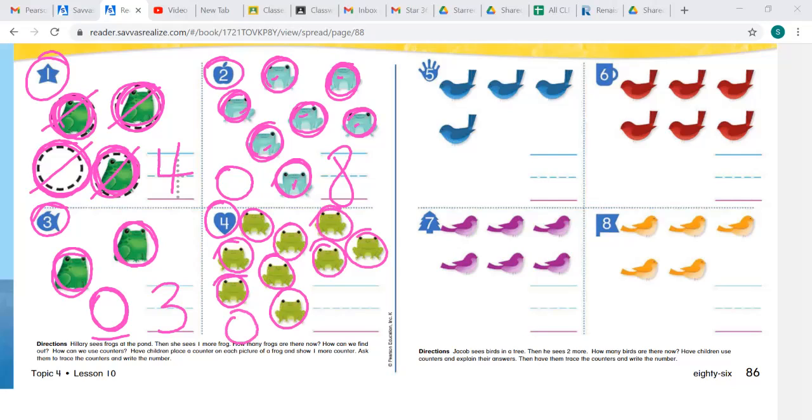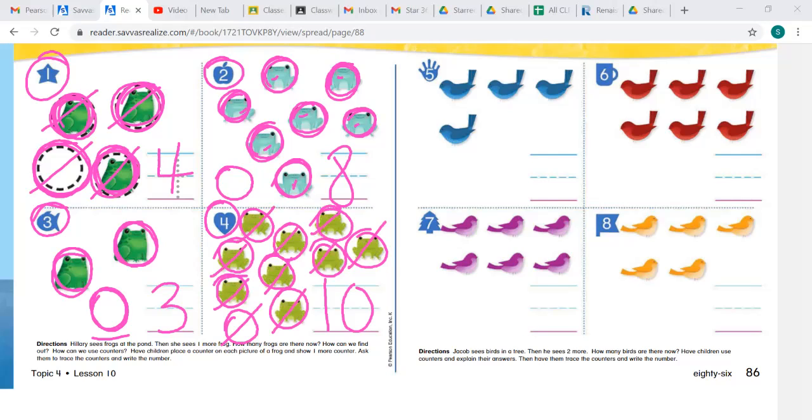What comes after 9? 10. And if you're not sure, we can go ahead and count them again. 1, 2, 3, 4, 5, 6, 7, 8, 9, 10. 10 counters showing 10 frogs.